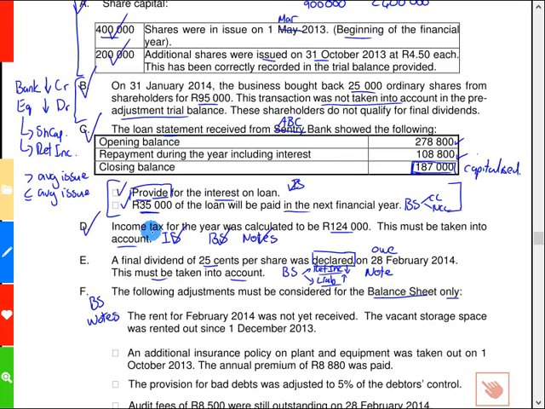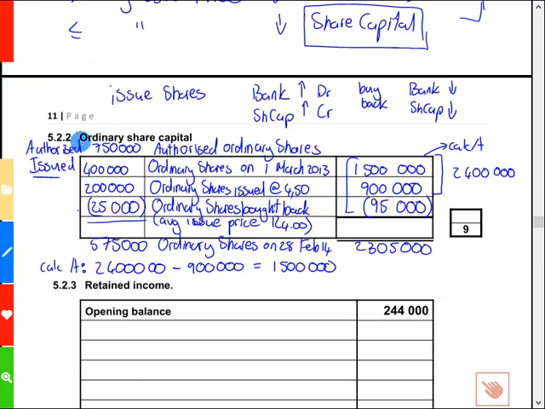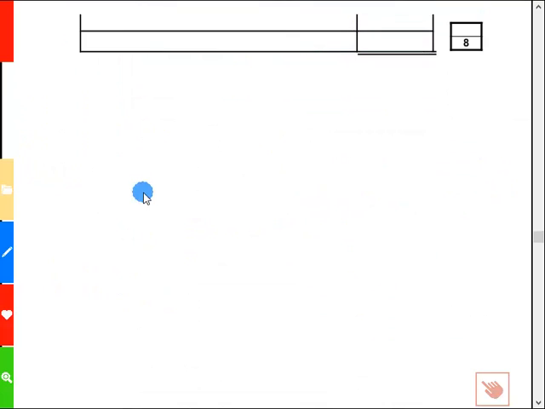Okay, so here we go. Information says that 25 cents per share on 28 February. So how many shares were there in issue on 28 February? Exactly. 575,000, which we've already calculated there in 5.2.2. So we're going to use that.